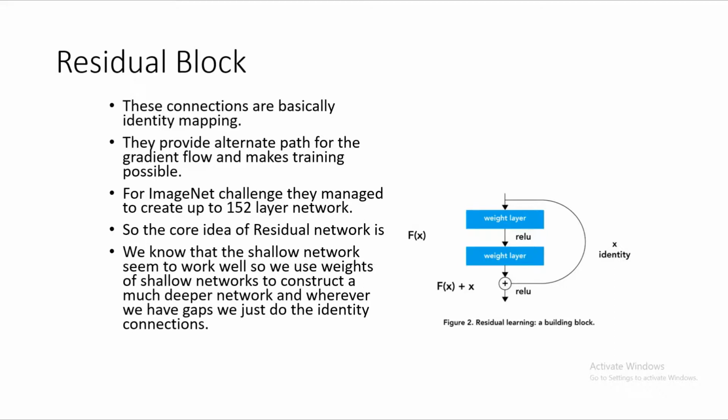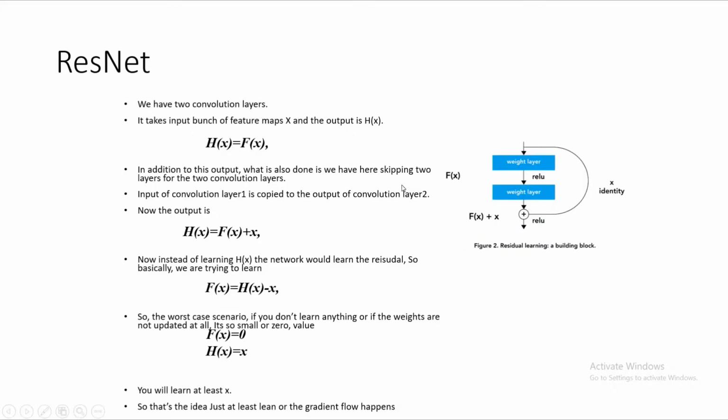which means, identity connections here means we can see two convolution layers, and it takes a bunch of input, a bunch of feature maps x, and it has the output H(x). And here we can see the output H(x) is equal to F(x) when there is no identity map.